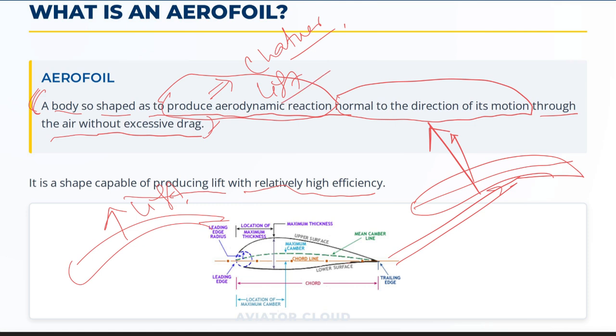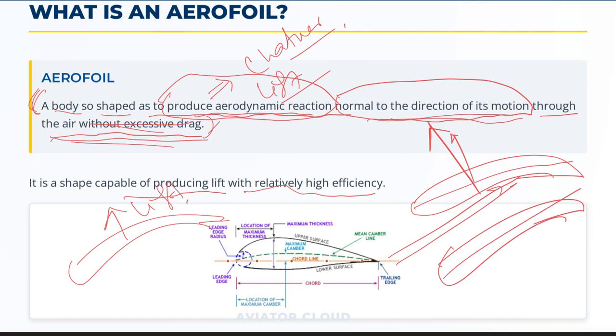So a body so shaped that it can produce lift, that means produce aerodynamic reaction normal to the direction of its motion, actually normal to the relative airflow, through the air without excessive drag. Okay, fine. So basically, for understanding, you need to know an aerofoil is such a shape of the aircraft wing which can produce lift. Very simple.